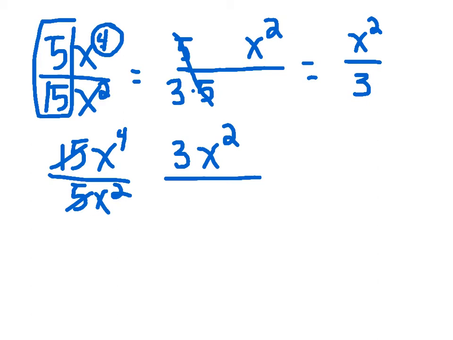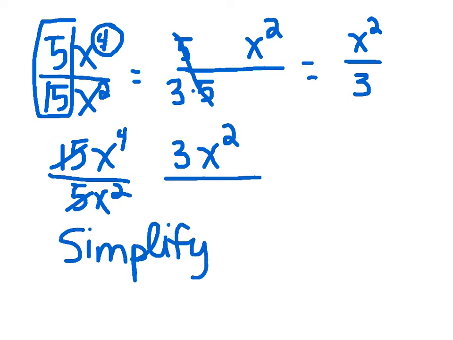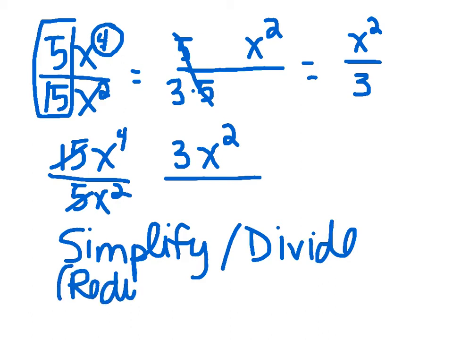So I would say the way to talk about what we're doing with the coefficients is we simplify, meaning reduce, or divide when possible. So we're dividing our coefficients and we're subtracting our exponents in the simplest way of saying this. Let's keep looking at this further.